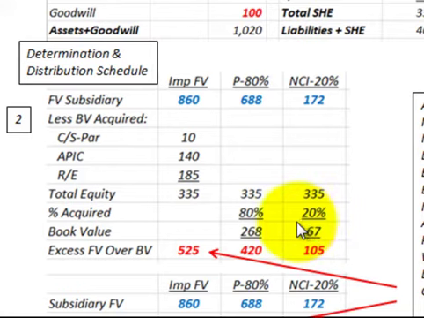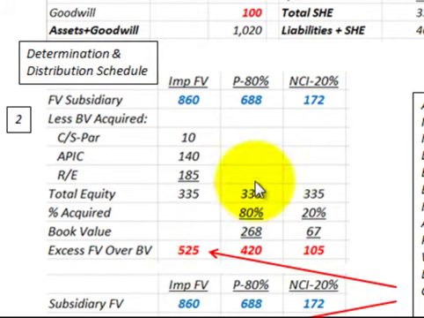$67,000. So then we have to determine the excess of the fair value over these book value amounts. Looking at the implied fair value of $860,000, that's the total value of the subsidiary, and the excess of fair value over the book value would be the $335,000 subtracted from the $860,000, so you get an excess of $525,000.